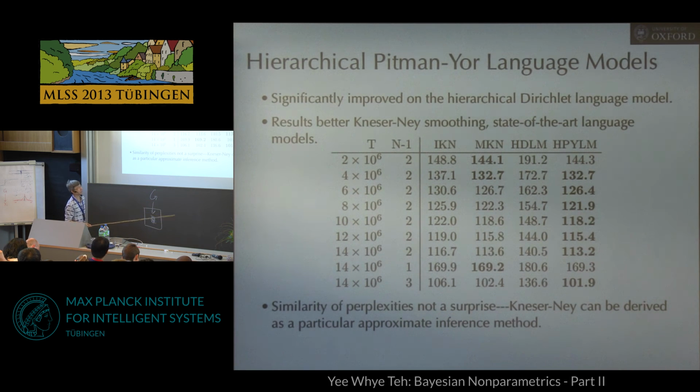The less perplexed it is, the better it is. And it works pretty well, pretty much less perplexed than the state-of-the-art methods. In fact, it's not a surprise that this number is close to those numbers, because you can show that the Kneser-Ney models can be derived as a particular approximate inference algorithm for the hierarchical Pitman-Yor process.